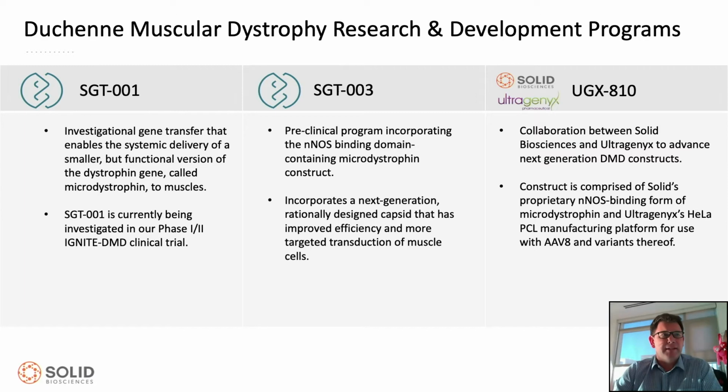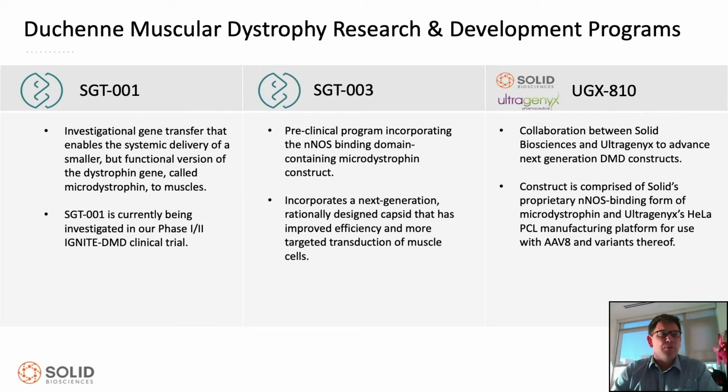Over the past 6 months or so, we announced the addition of two programs that provide alternative approaches to deliver our microdystrophin gene therapy to patients with Duchenne. All three of these approaches use our differentiated nNOS binding domain containing microdystrophin, but each uses capsids that may provide more opportunities for more patients to receive the payload effectively.